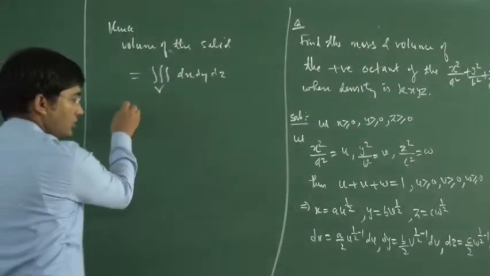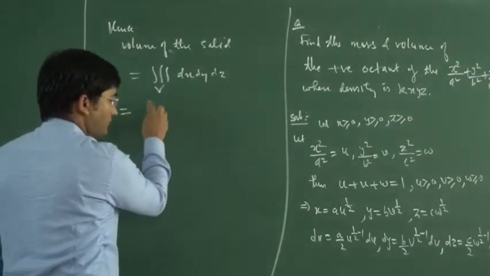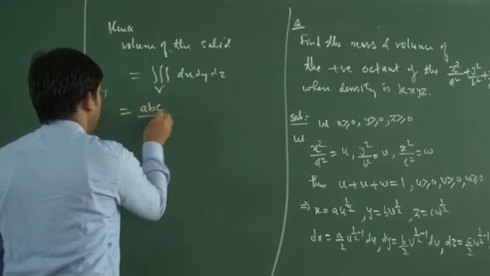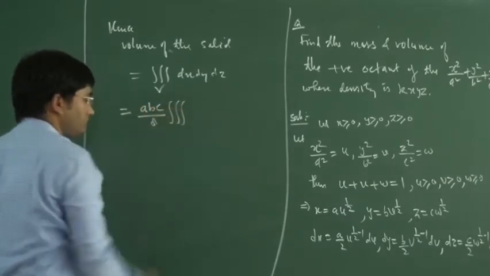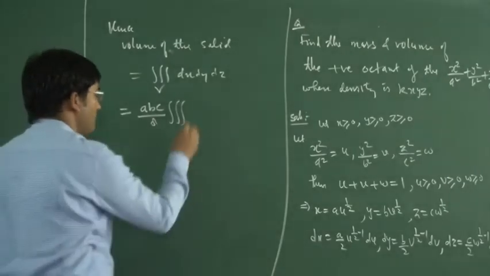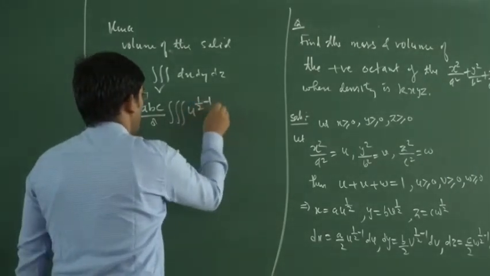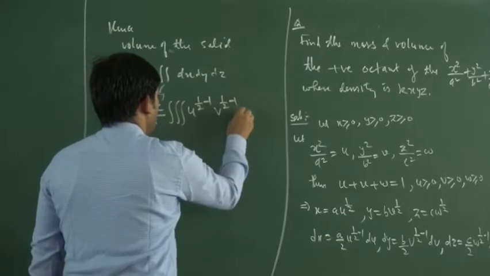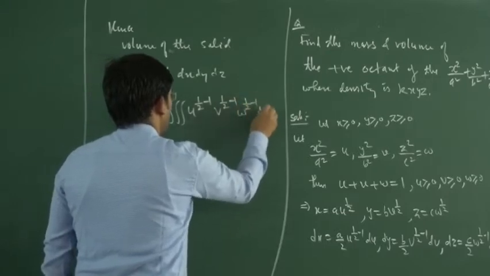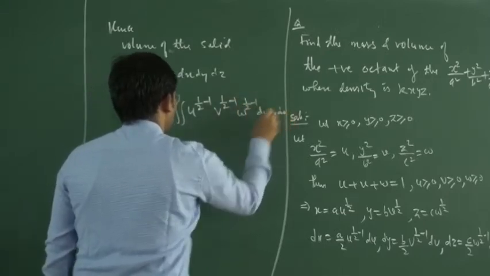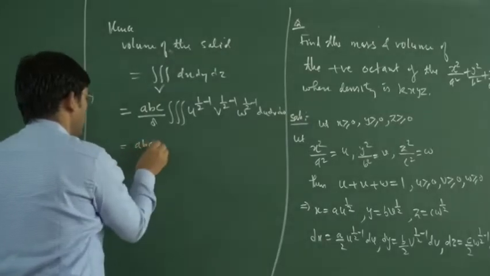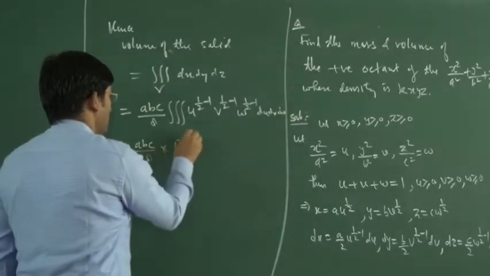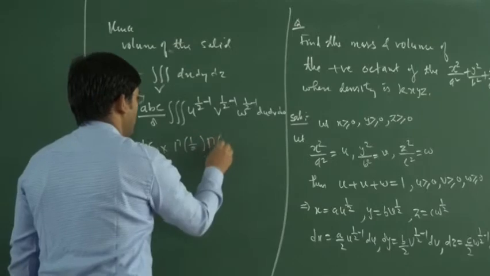So here we will have abc upon 8. Now in the bracket we will have u power half minus 1, v power half minus 1 and w power half minus 1 into du, dv, dw. So this is equal to abc upon 8 into gamma L into gamma M into gamma N.